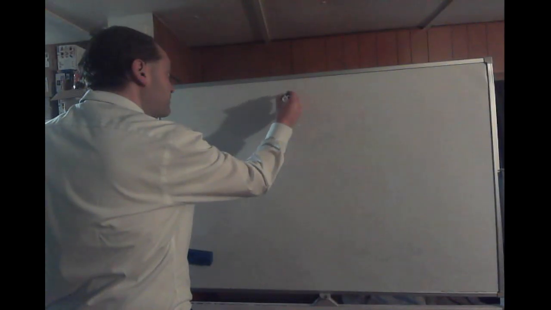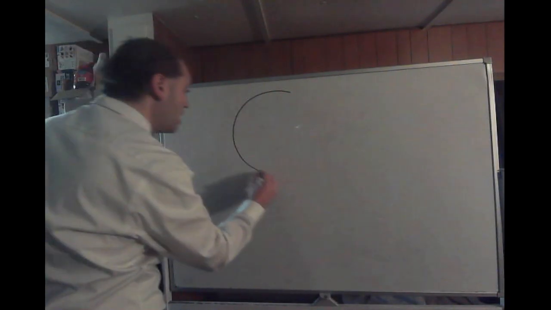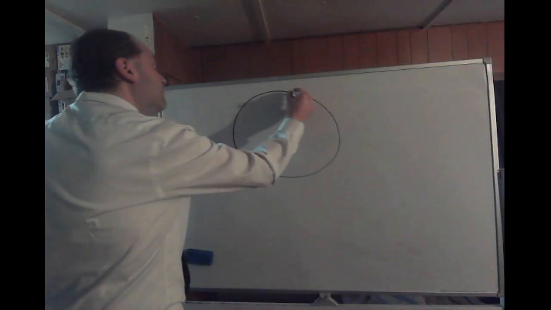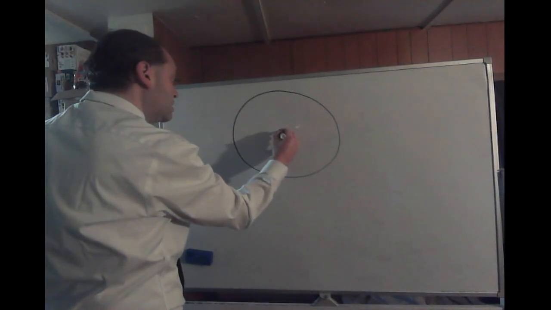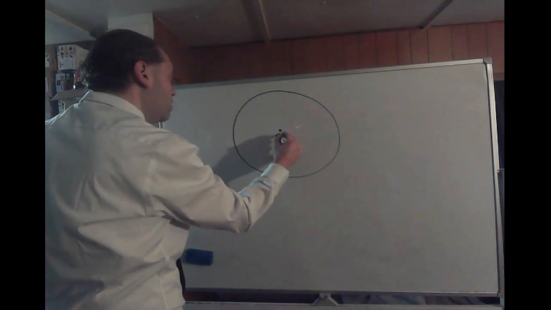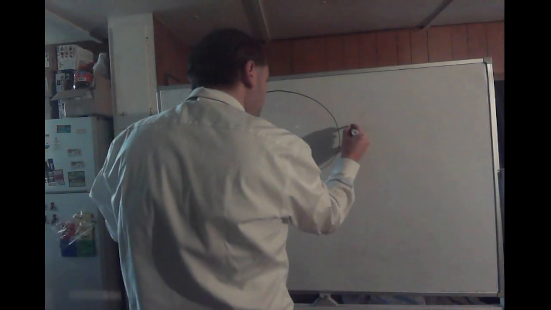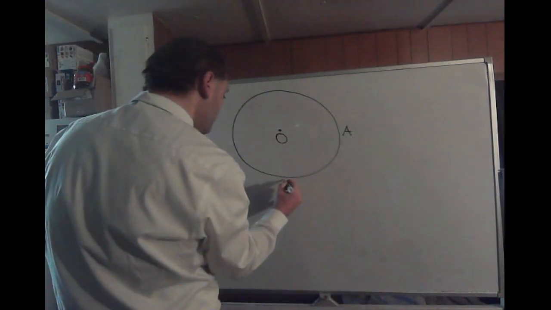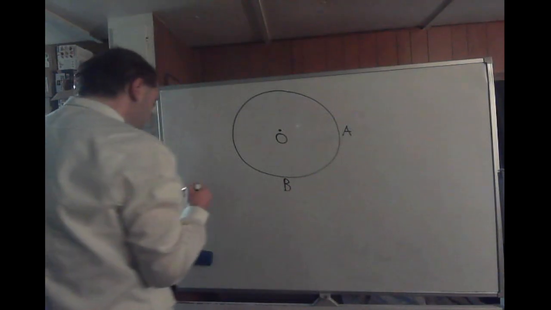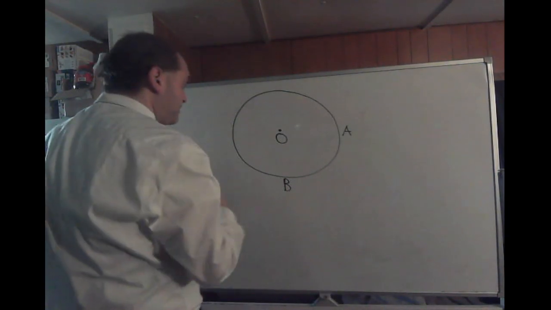Okay, let's draw another circle. Circle O. This, of course, would be A. You'll see what I'm about to do in a second.